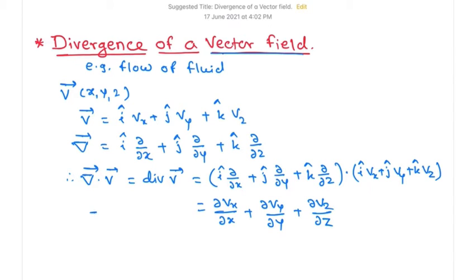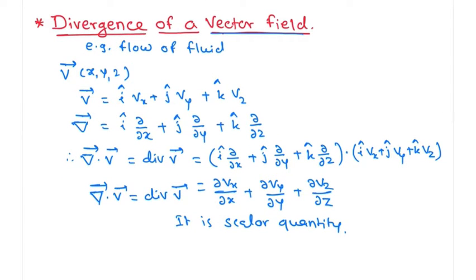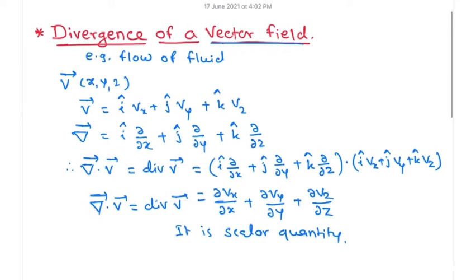That term represents divergence of vector point function and it is a scalar quantity. Hence, divergence of vector point function is a scalar quantity.